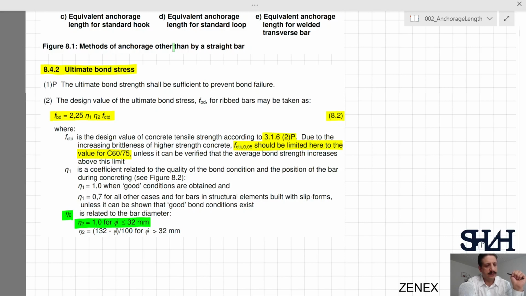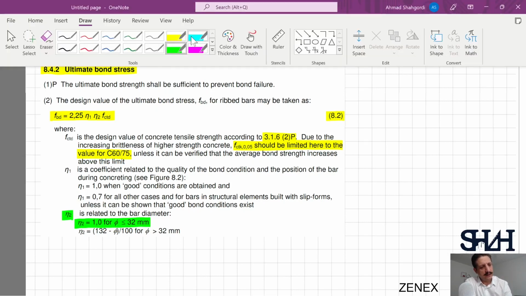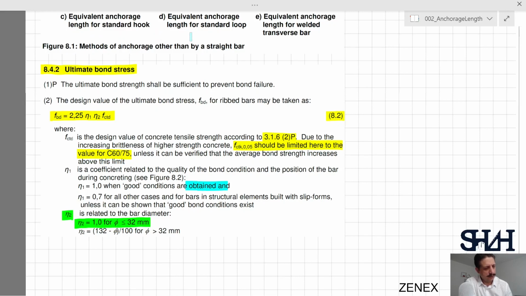As a result, we usually need to differentiate between two bars, which one is in the dense layer or in the loose layer. In Eurocode, we have this good and poor condition. So if you have a good condition, then eta 1 is 1. If you have a poor condition, then eta 1 is 0.7. As a result, we decrease the bond stress that can be taken by the reinforcement.